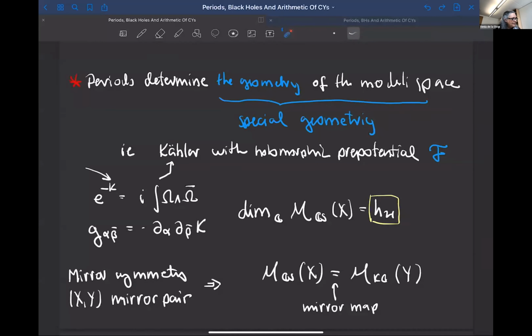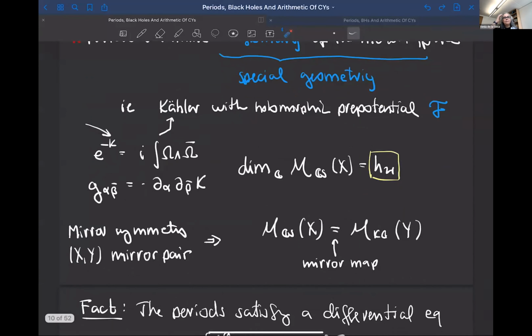So that means that the metric is the second derivative of a scalar potential, K. So this is the metric on the moduli space, where e to the minus K is given by i times the integral of omega wedge omega bar, right? And the dimension of this space is H^{2,1}, as we know.